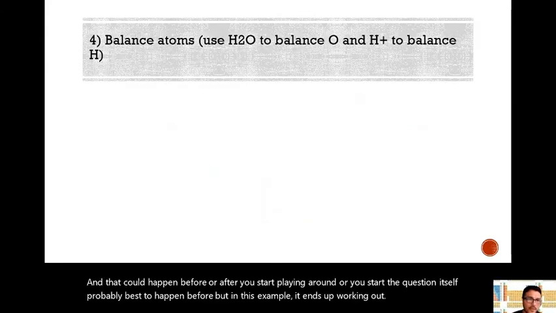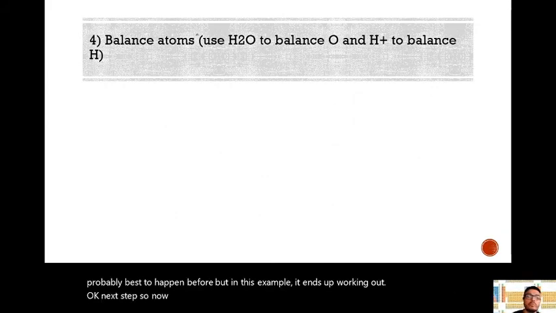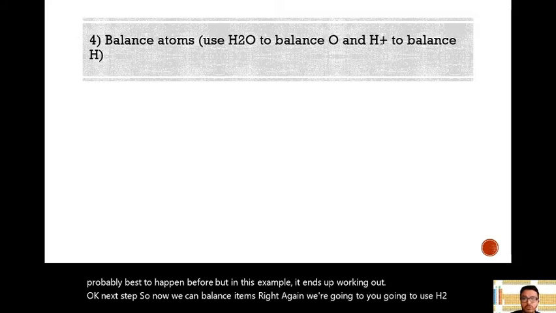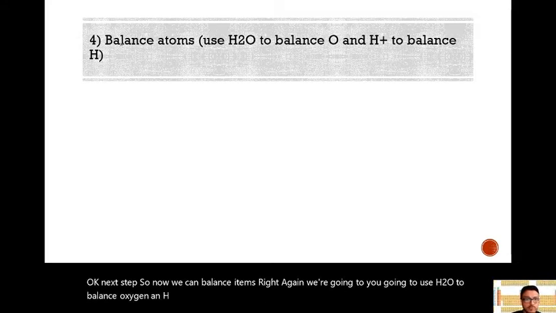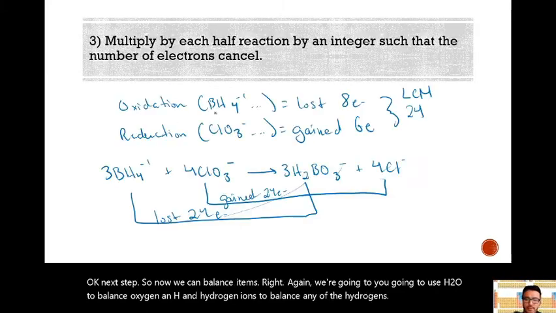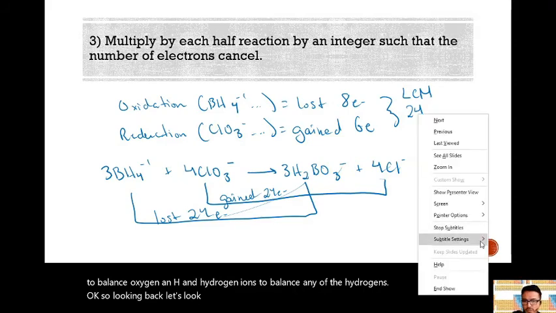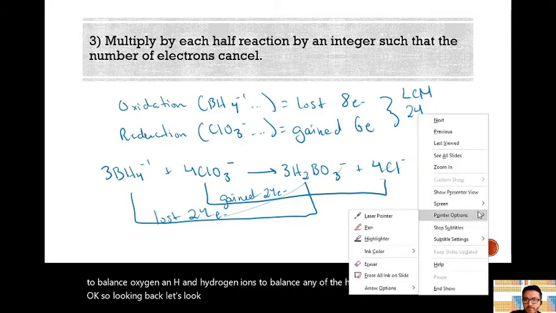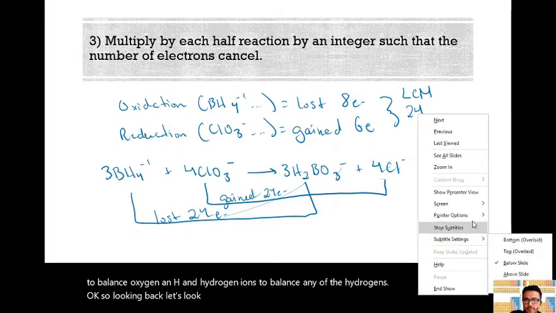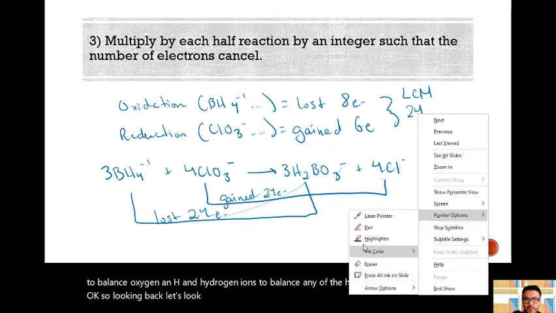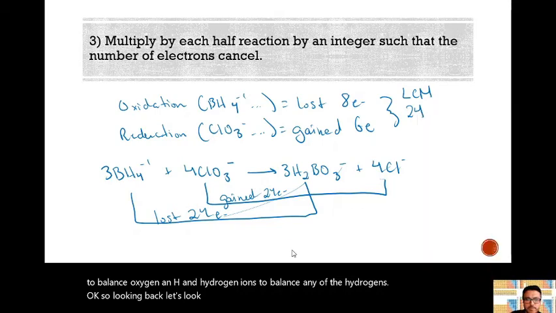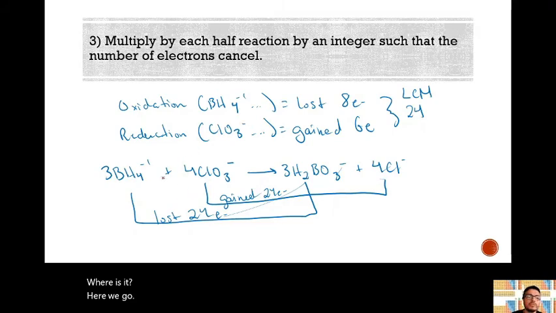Okay, next step. Now we can balance atoms. Again, you're going to use H2O to balance oxygen and hydrogen ions to balance any of the hydrogens. So let's look at our oxygens.